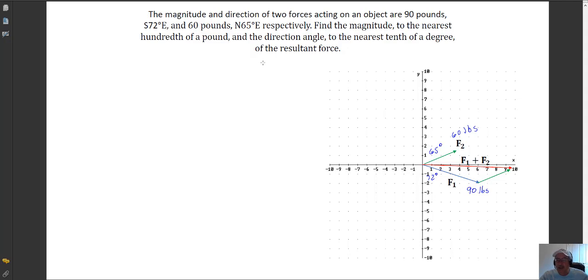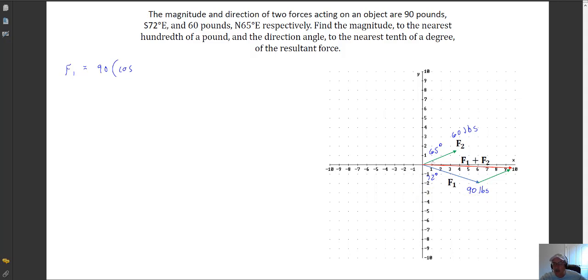All right, so what we need to figure out here is how to get F1 plus F2 first. So here's what we're going to do. We're going to write this in the trigonometric mode here. We're going to say that the first vector is going to equal 90 times the cosine of what angle here. Now here's where you have to be careful. If this is 72 degrees and we need this angle, I think we're going to have to get either the positive or negative angle.